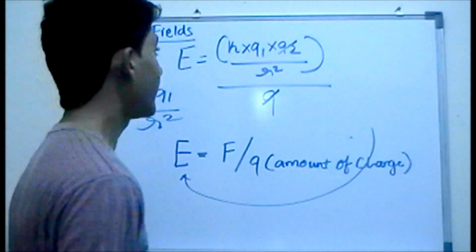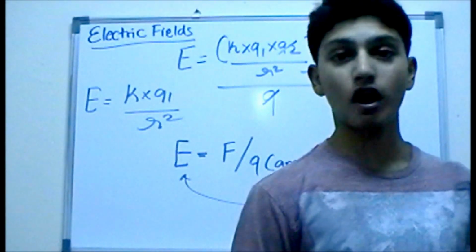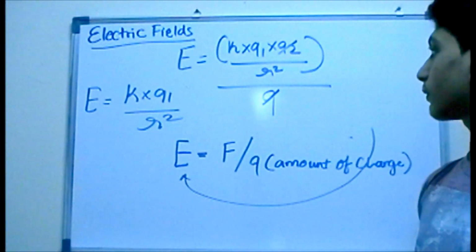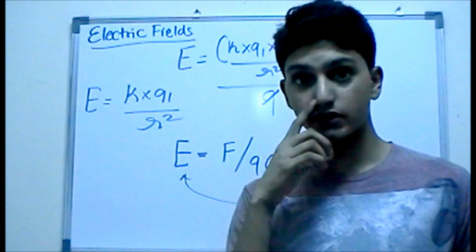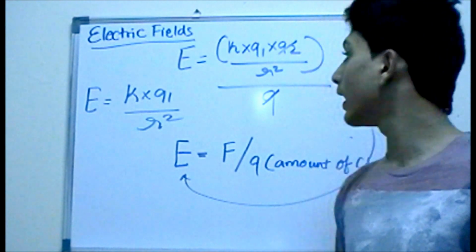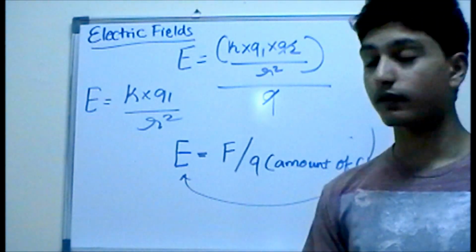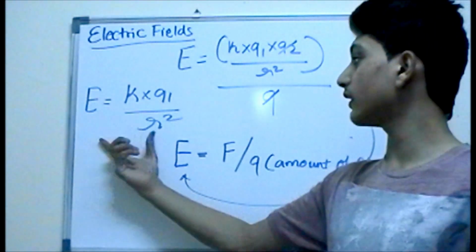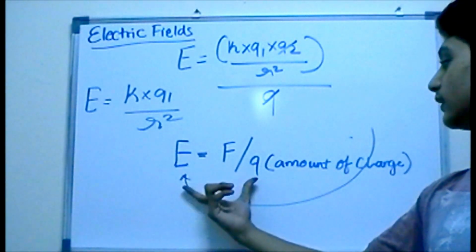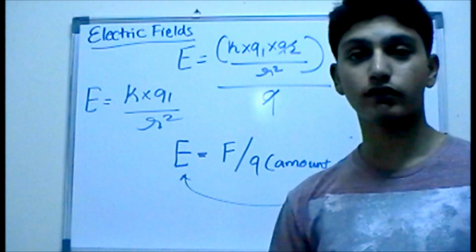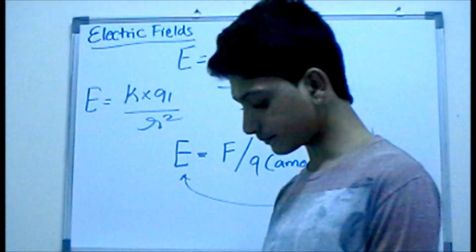In some problems, they might just give you the charge of the particle and the distance, and you need to find the electric field. So you use this equation when you need to do that, and this is the real equation from which we made changes.